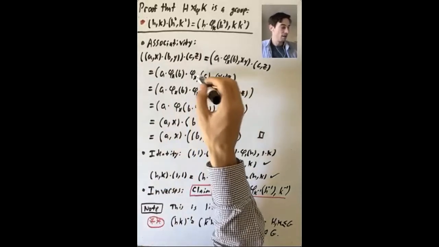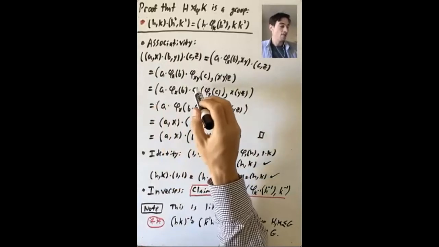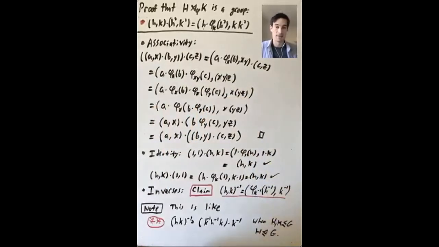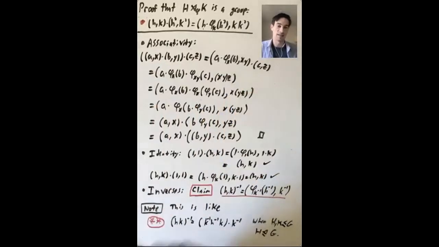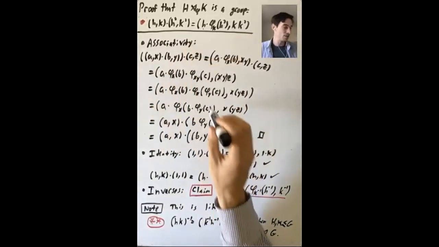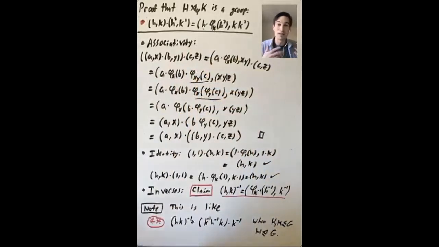So the left-hand side here is a times phi_x of b, and then phi_x of phi_y of c. And now on the second component, all I want to do is move the parentheses by the associativity in K. So if you're going to find this argument for associativity confusing, I would think that this piece is really where you need to think about a little bit what's really going on here.